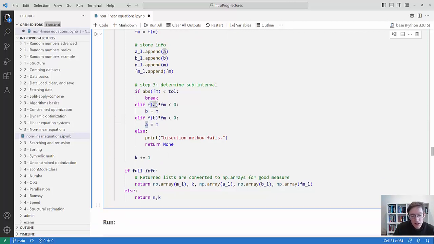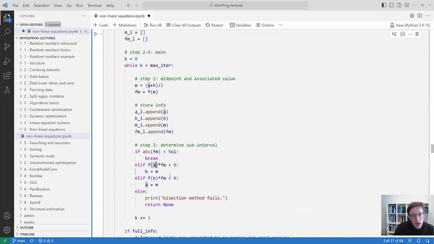We increment our counter, and we return everything if we need that, or we return our midpoint and the number of iterations.